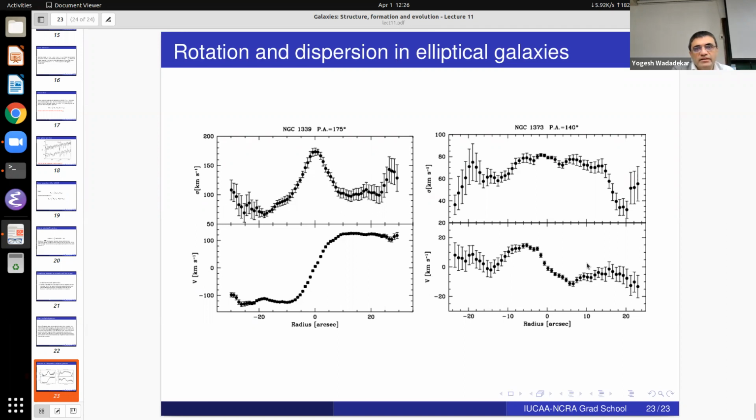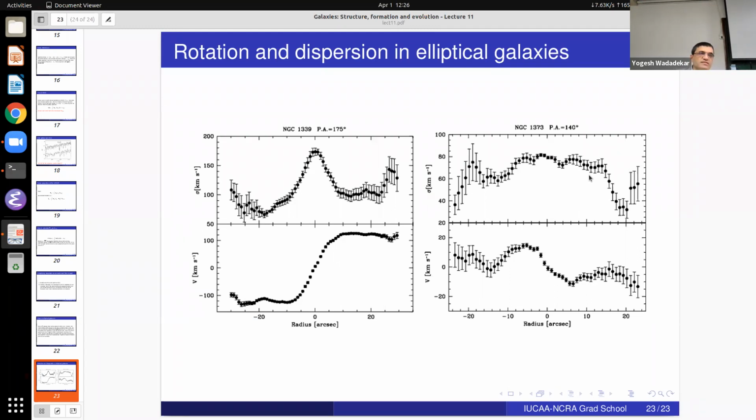If you look at the velocity dispersion here, the velocity is here. This, of course, does not seem to be rotating in a very regular fashion. There is some rotation, and the standard deviation also does not have a clear peak. It's relatively flat, then it goes up, goes down, and so on.